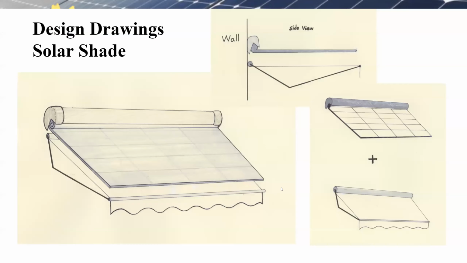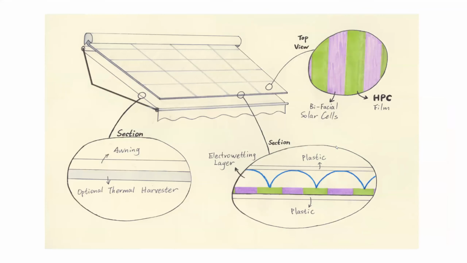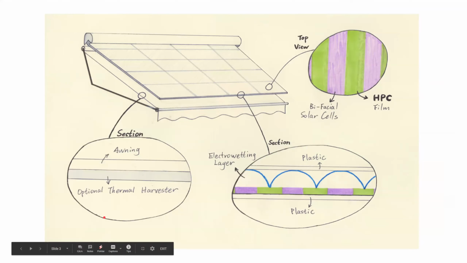Our design name is Solar Shade, and here is a design drawing of Solar Shade, which is basically a bifacial solar awning that is a combination of both a solar panel and an awning underneath it. And here's a breakdown of our design. Our solar panel has an electrowetting layer on top of the solar panel part, which helps track sunlight.